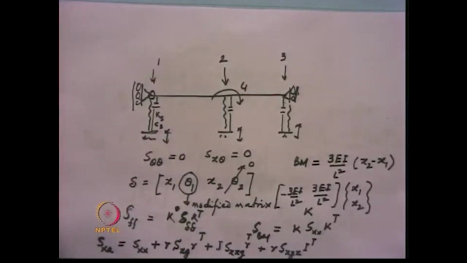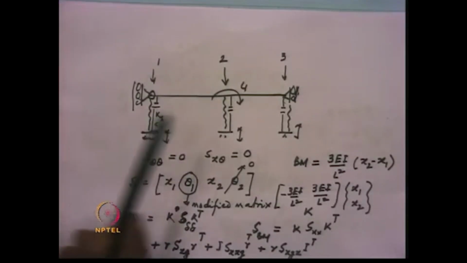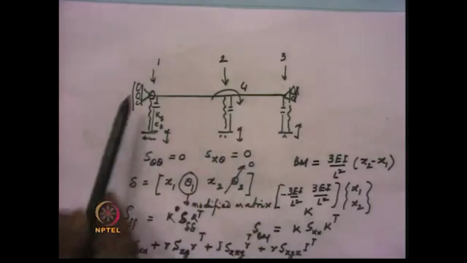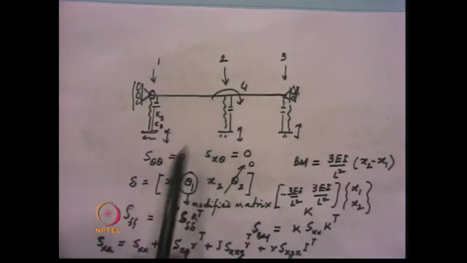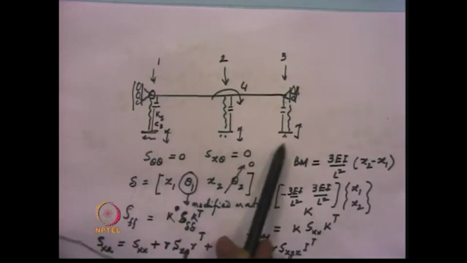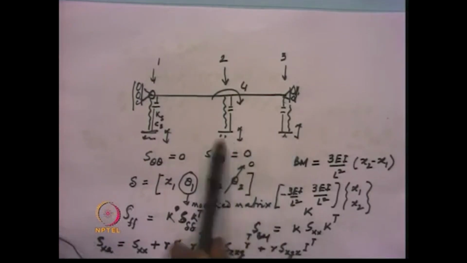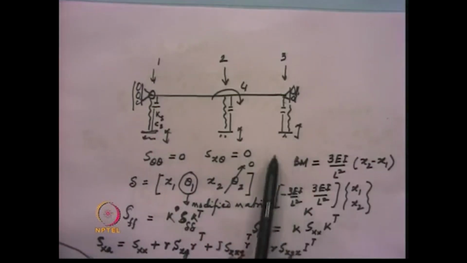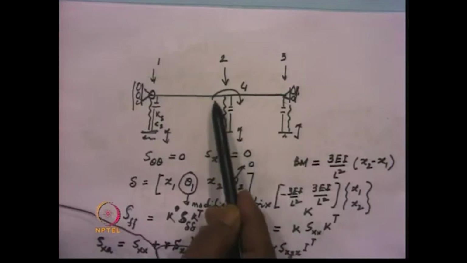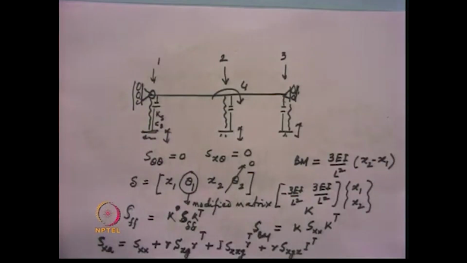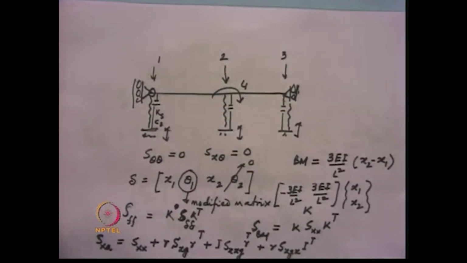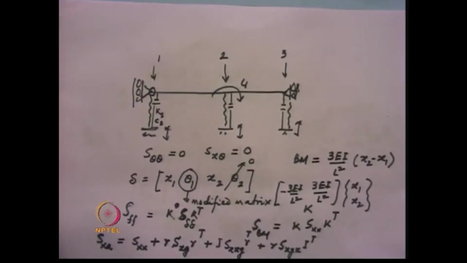Now, for that we recognize the fact that at the center, if at all the 3 supports the ground excitations are the same, then we expect that there should not be any rotation over here, and in fact it can be easily shown with the help of the condensation matrix.